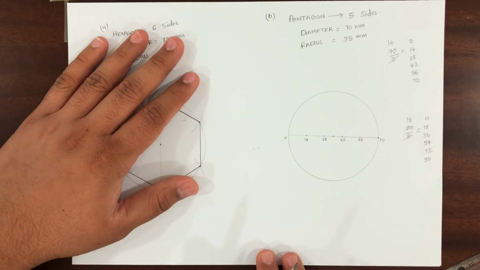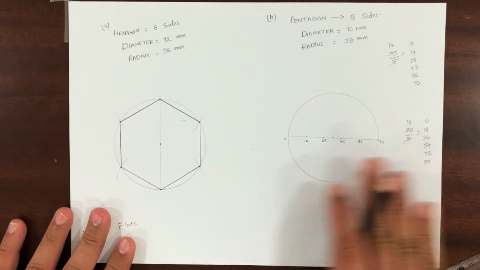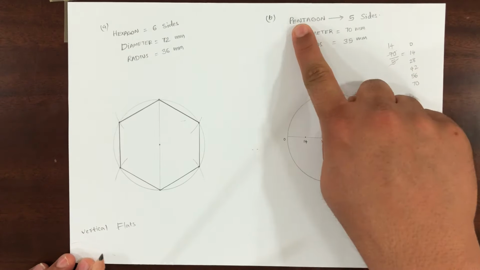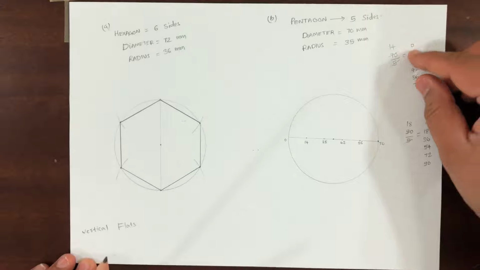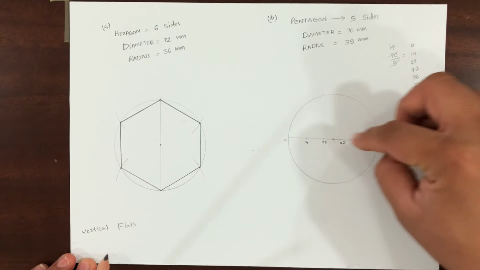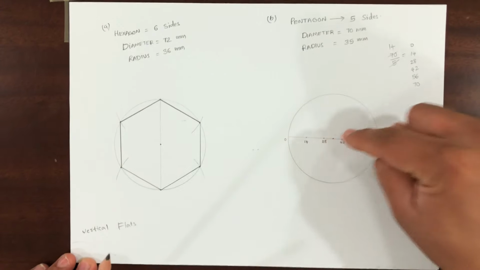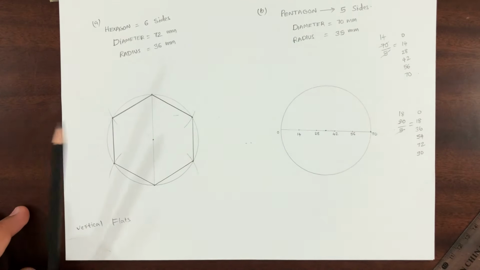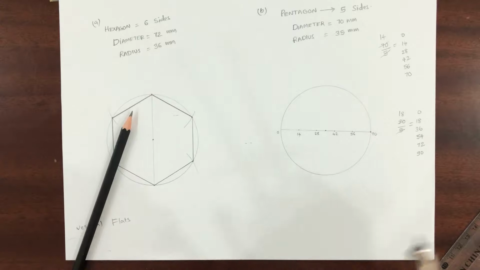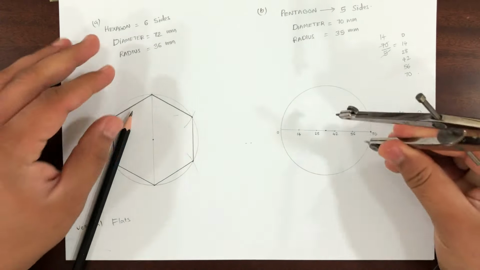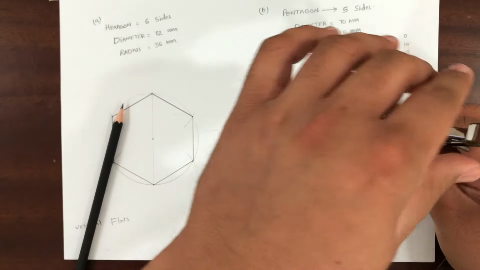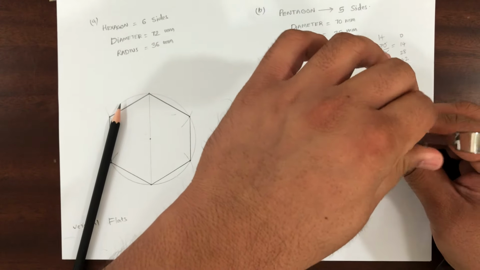Okay, so we made this into 5 equal parts. Why are we doing this? Because this is a pentagon having 5 sides, so we have to divide the center line into 5 equal parts. 1, 2, 3, 4, 5. 5 equal parts we have done. Now with the same diameter, keep the compass here on the left side.